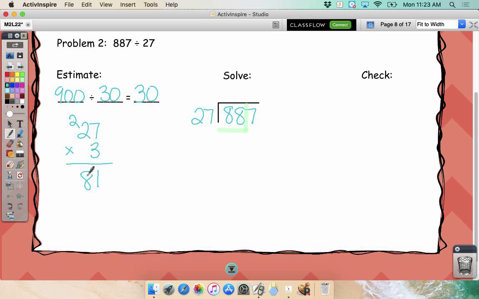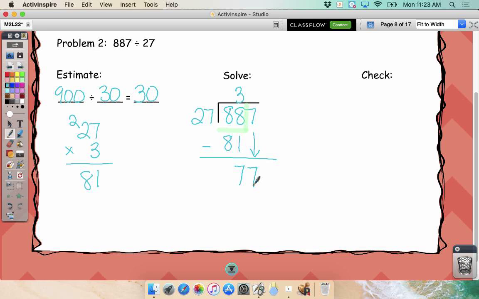So what do I write on the top? 3. And where do I write the 3? On top of the second 8. Good. Because of the bar. And we already know that 3 times 27 is what? 81. So, subtracting them. Bring down the 7.